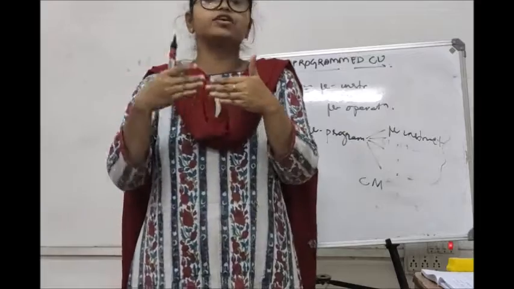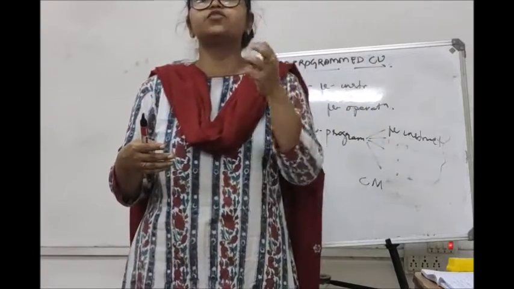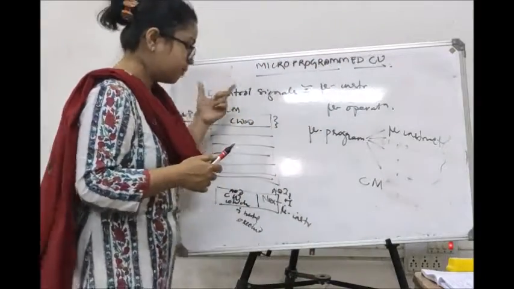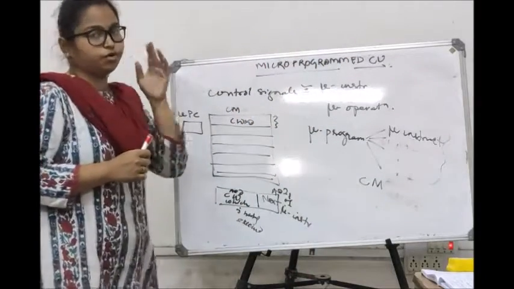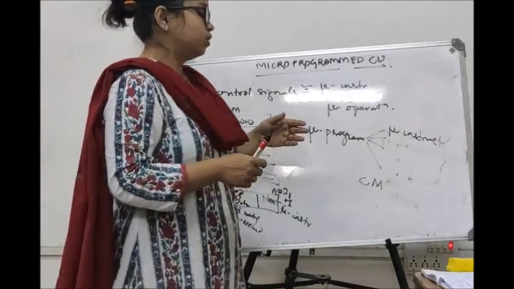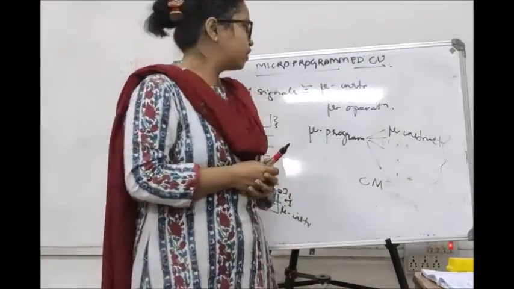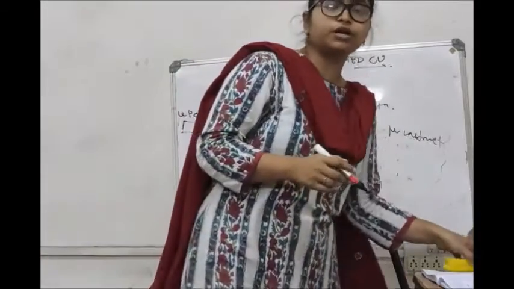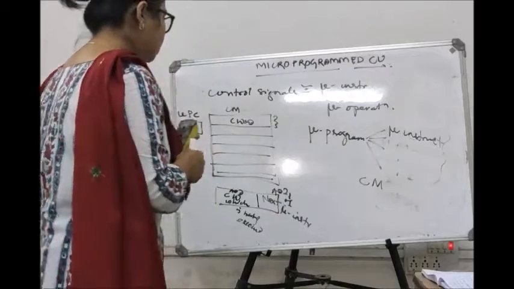So in cases where we do not know how long it may take to fetch the operands, in such cases we should use the microprogram control unit. So this was about control unit design. Now furthermore, the microprogram control unit is again divided into two types.